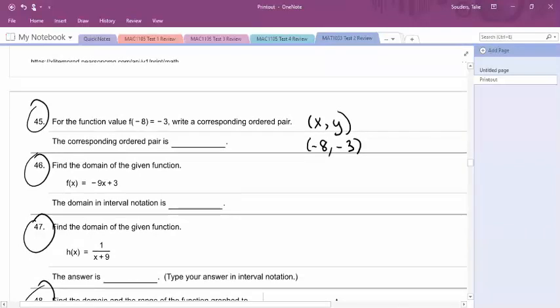So now we're going to look at domain. For domain, as long as you have a polynomial, which by that I mean x is in the numerator, not the denominator. X could have an exponent, so it could have a squared or a cubed or something like that.